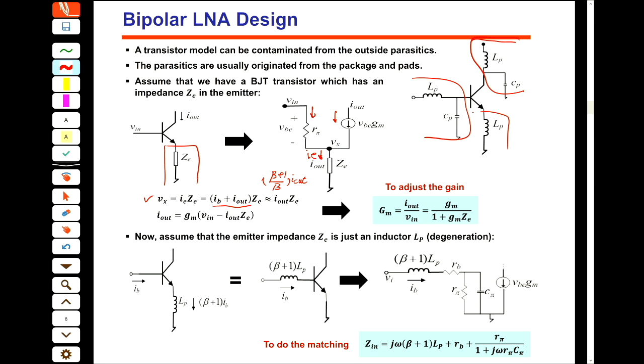So it is almost I out by ZE, so that is the voltage at this point. Then we define the transconductance of a transistor as I out divided by V in. Based on this equation, you can find that the new transconductance is the original transconductance divided by 1 plus gm times ZE.